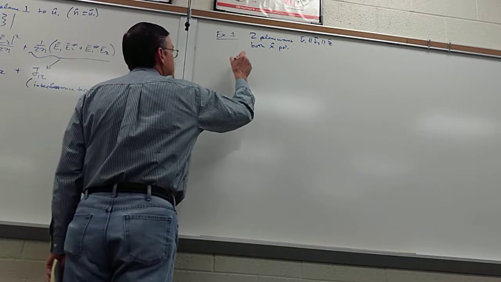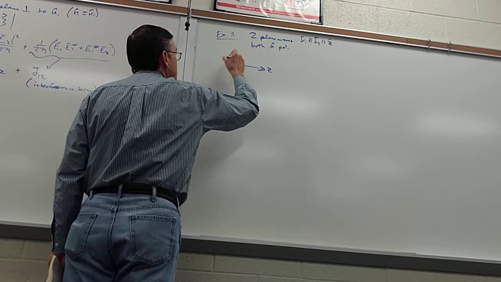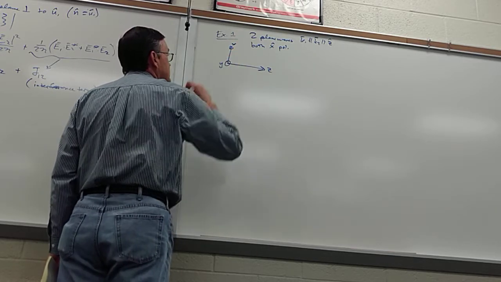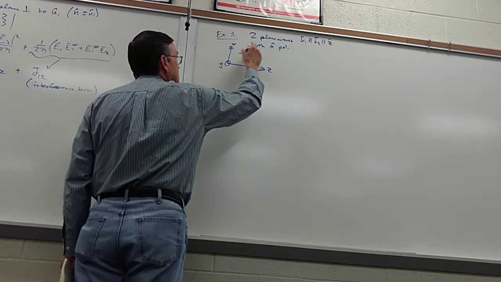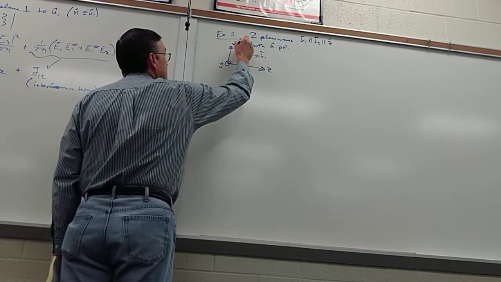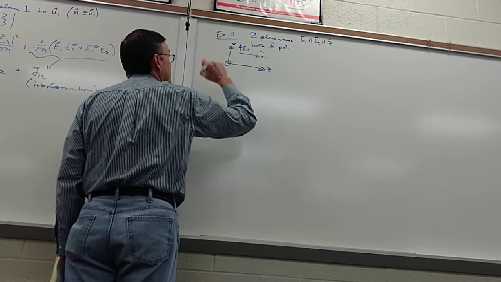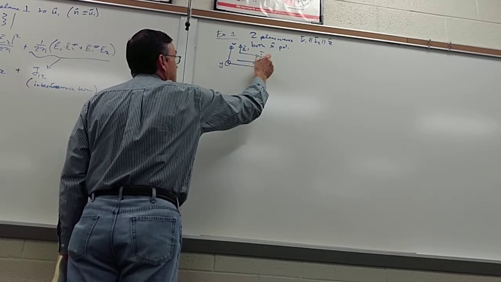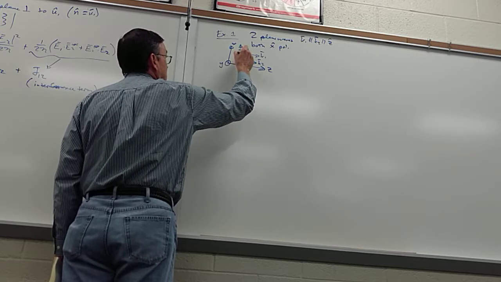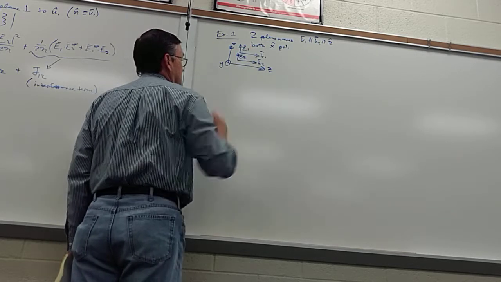So if I draw a little picture, then that's the z direction, x direction, and y is out of the board. Basically, I have k1 in the z direction, and I have E1 in the x direction. And likewise, the other way, k2 is in the z direction, and E2 is in the x direction.